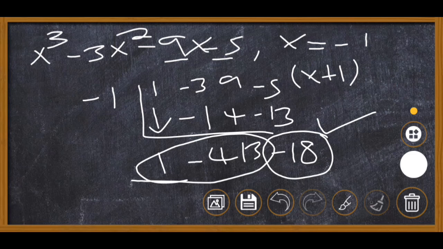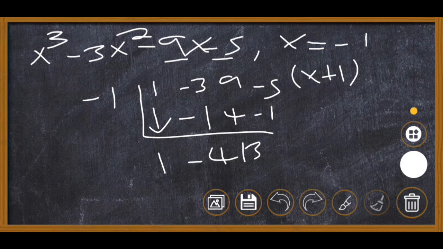Okay, let me just revise this one to see if I made any mistake. So we had this, we had that. Oh, sorry, here it's -9. It has to be -9 there. So in this case, let me just write this. So here we had 4. So this one is -9. So -9 added to 4, we are going to have -5.